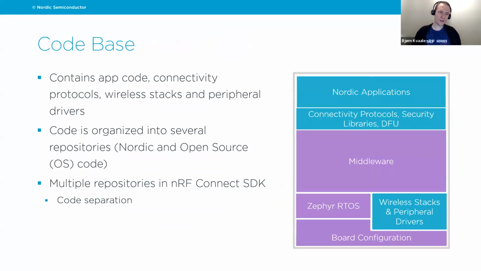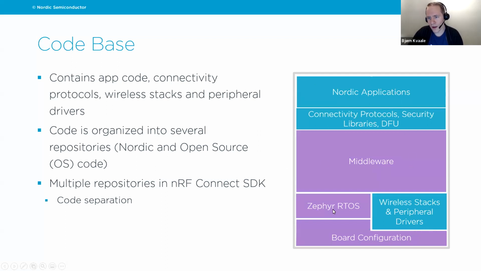Just quickly on the code base, it does contain the application code, connectivity protocols, wireless stacks, and also peripheral drivers. So the code is organized into several repositories, and that is both Nordic and open source code.